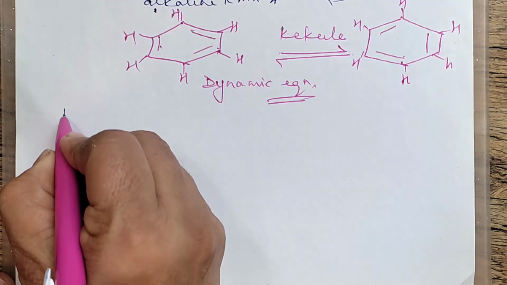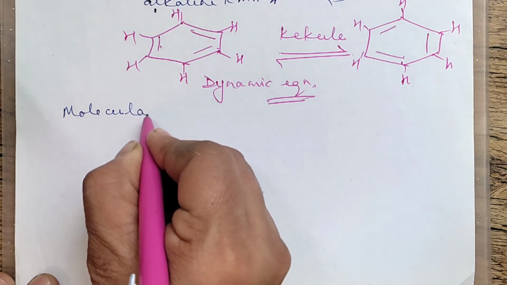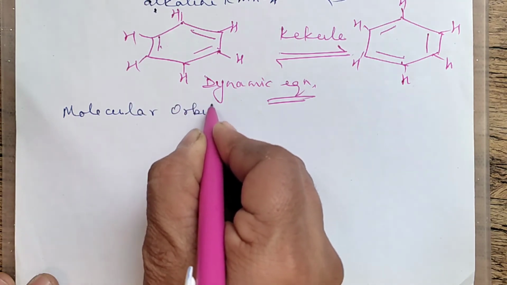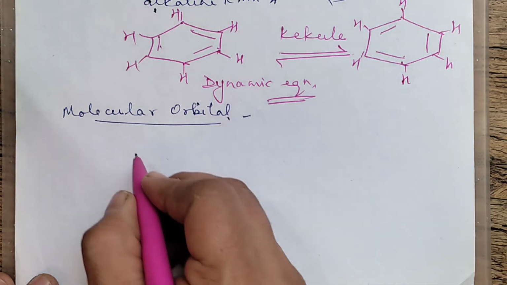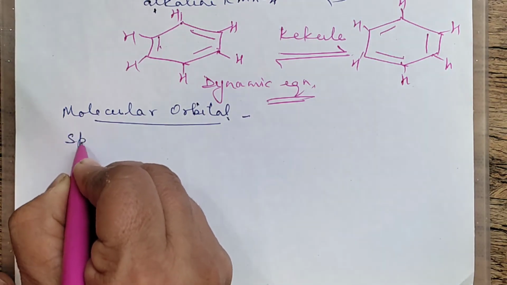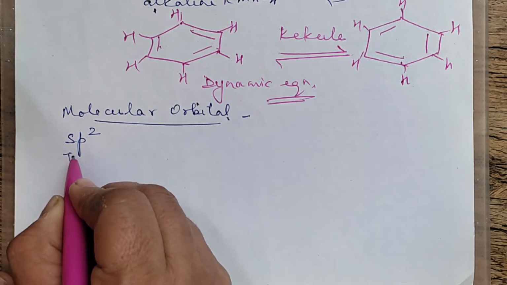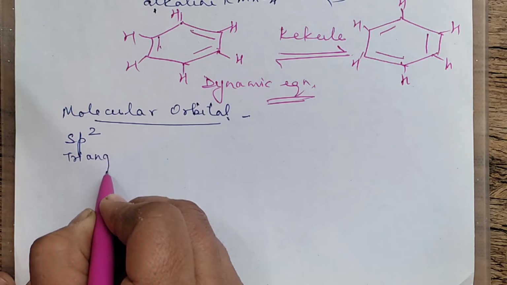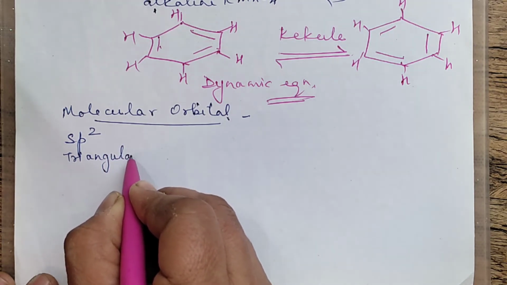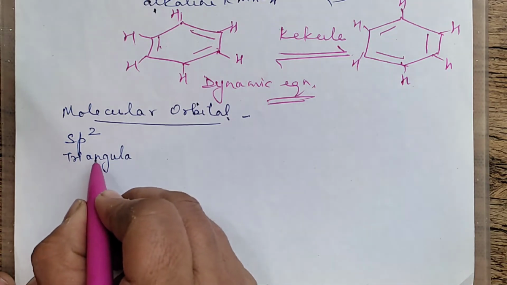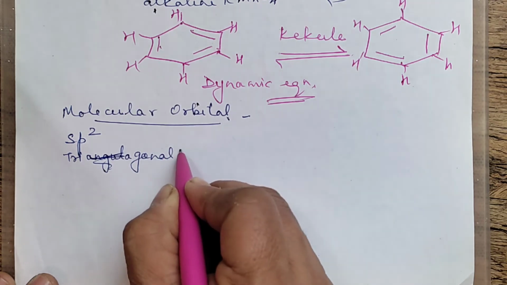Now let's see the molecular orbital structure of benzene. The molecular orbital structure says that every carbon atom in benzene is undergoing sp2 hybridization. sp2 hybridization means on the carbon atom, the three hybrid orbitals are arranged in a trigonal planar manner.